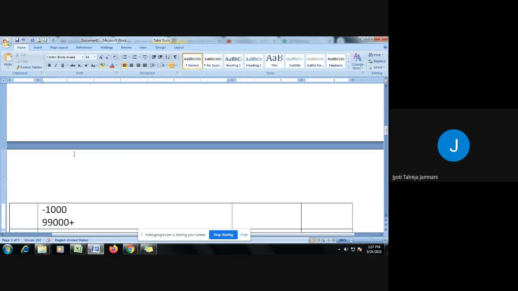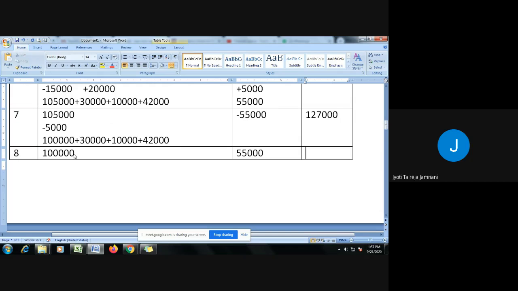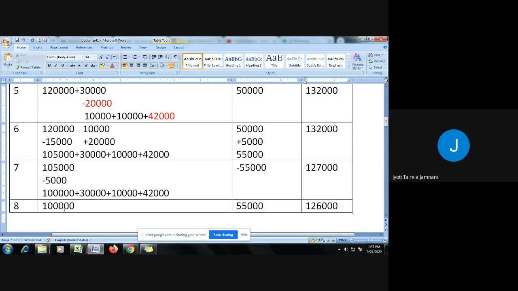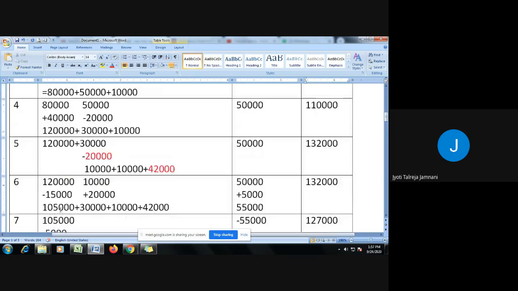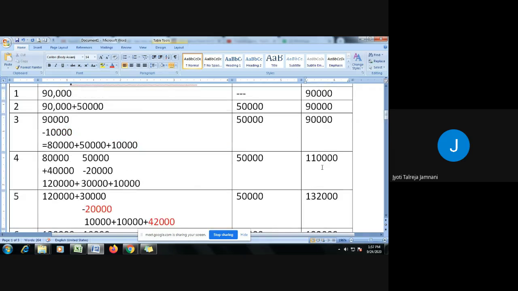To this we will add our goods, 30,000, plus furniture 10,000, plus debtors 42,000, minus liabilities 55,000. So you will get 1,26,000 as capital. Why decrease? Expense. You are paying rent. So that is to be paid by the owner, so from the owner's capital it will get decreased.